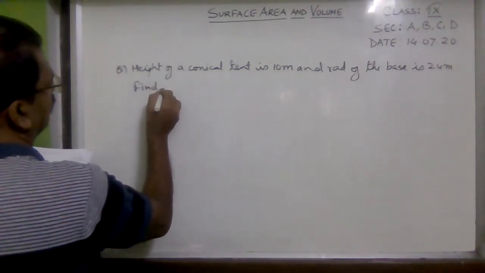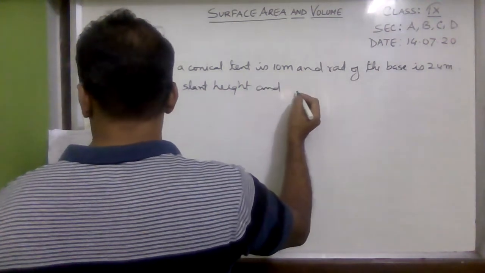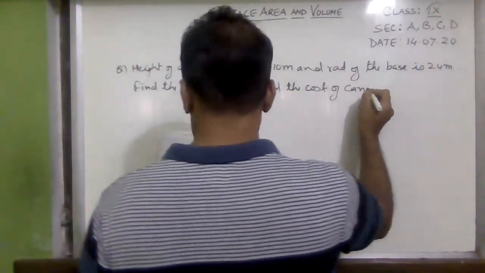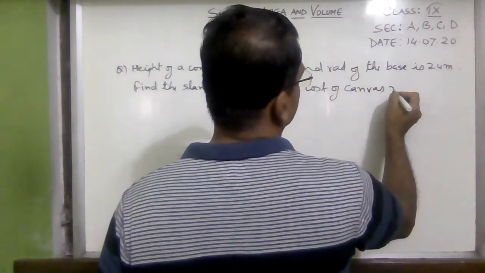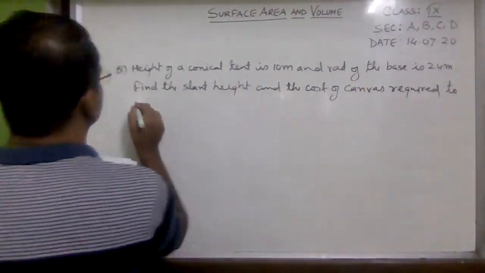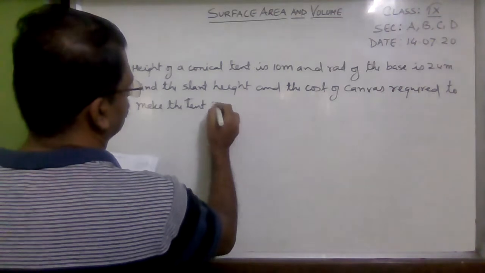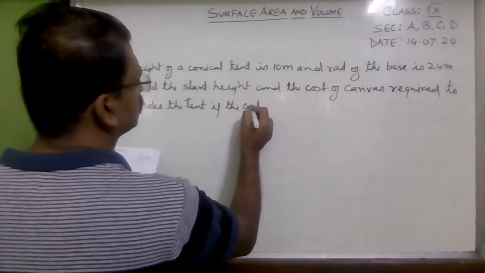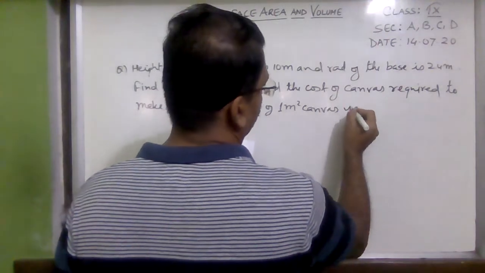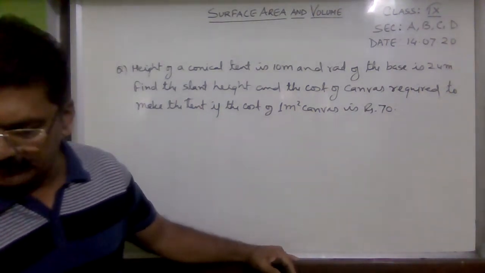Find the slant height and the cost of canvas required to make the tent if the cost of 1 meter square canvas is rupees 70.